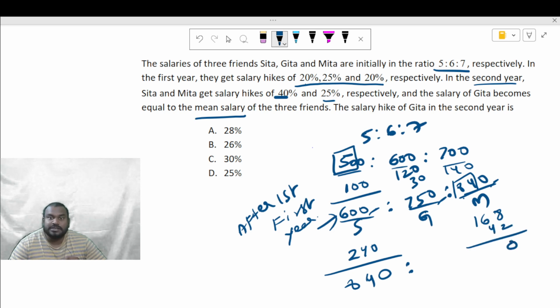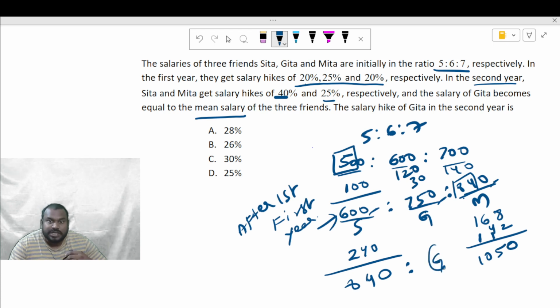So you add 168 and 42, which is 210, and 840 plus 210 is 1050. Okay, let's verify. Okay, correct.